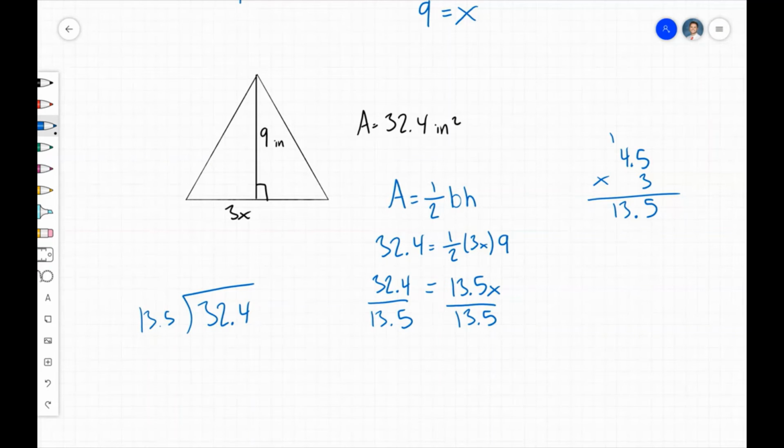We start by moving our decimal once to the right. And 135 will go into 324 2 times, that's 270.